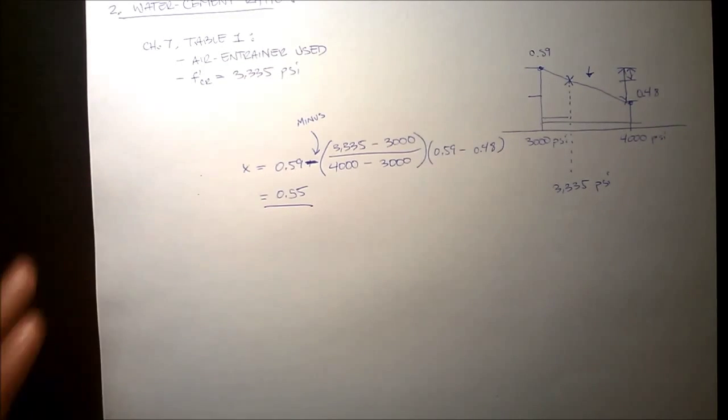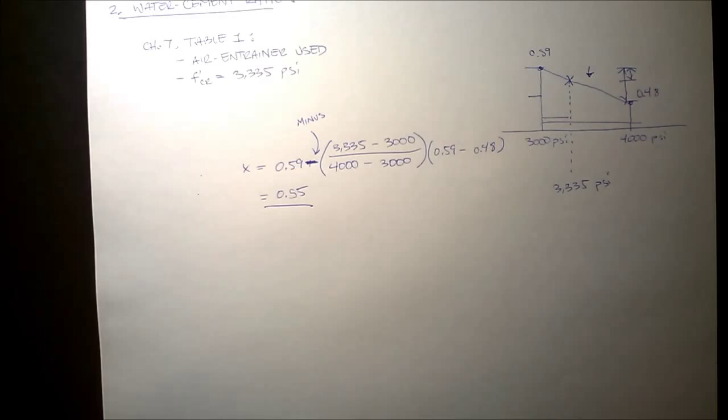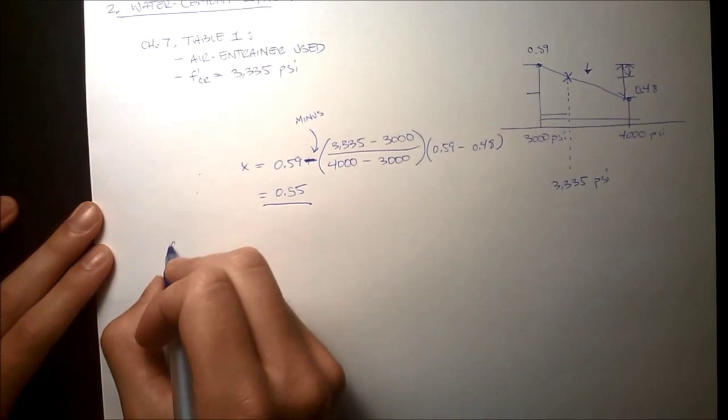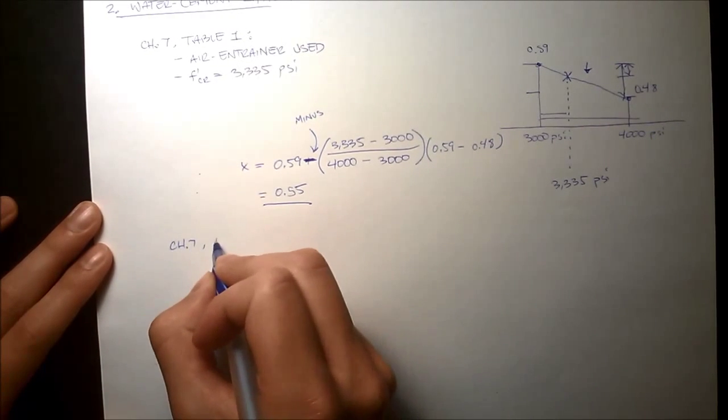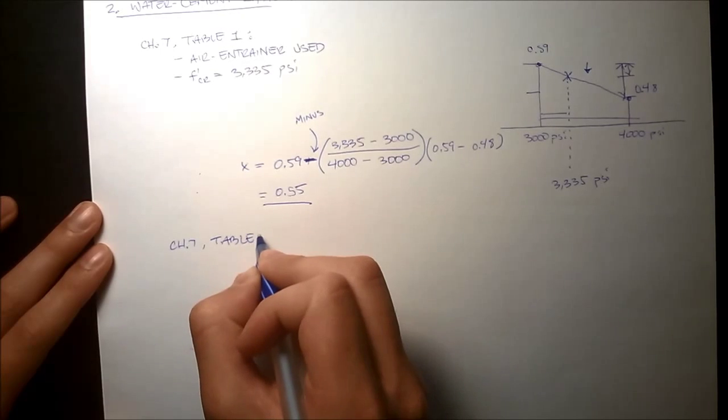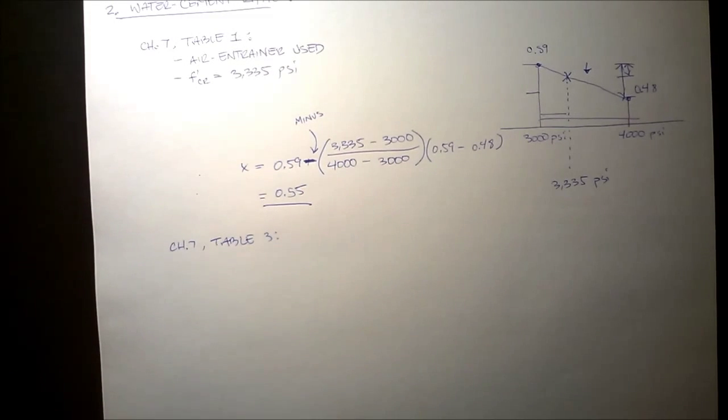This is our initial water-cement ratio, but we want to check with Chapter 7, Table 3. It gives you a maximum water-cement ratio by exposure conditions. We see that concrete exposed to freezing and thawing in moist conditions or deicers is one of the options.